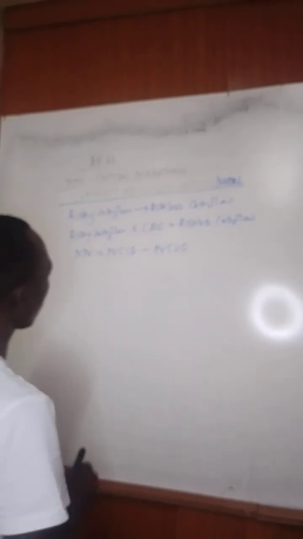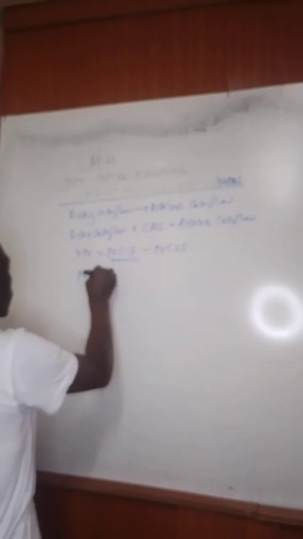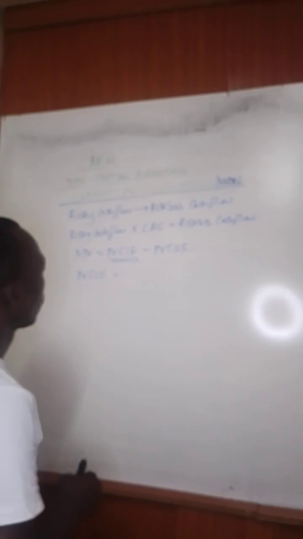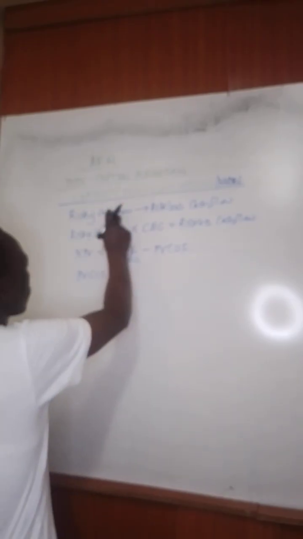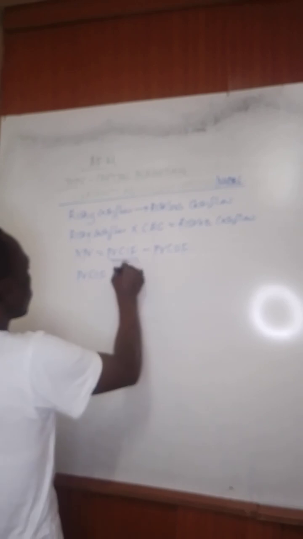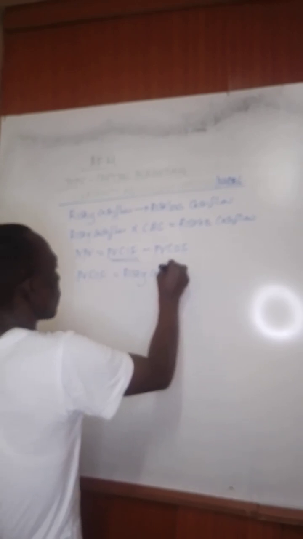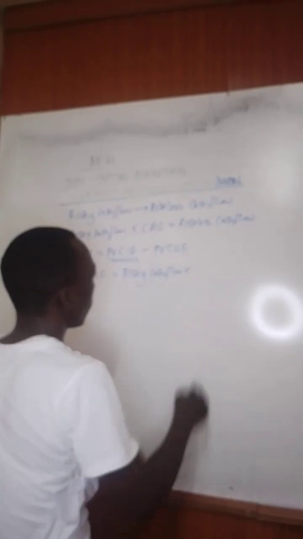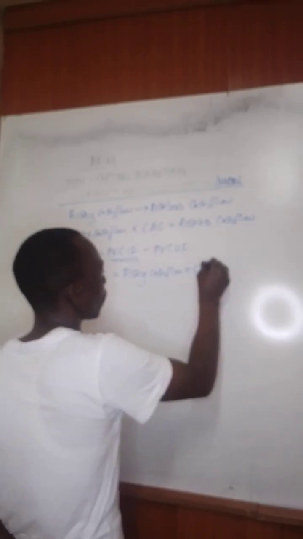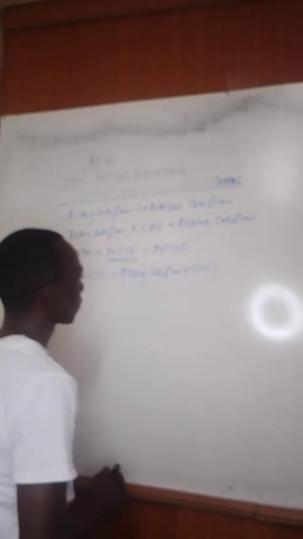So how do you get the present value of cash inflow? In this case, you take the risky cash flows, then you multiply by the certainty equivalent coefficient to arrive at riskless cash flows.